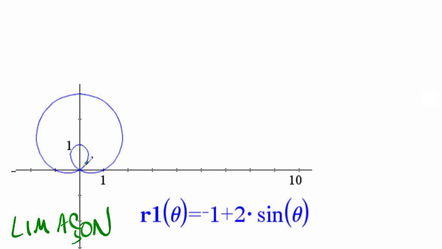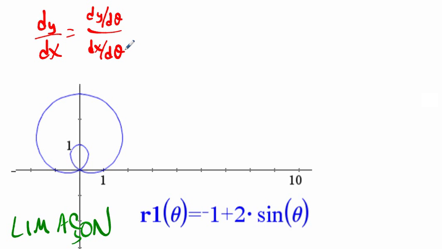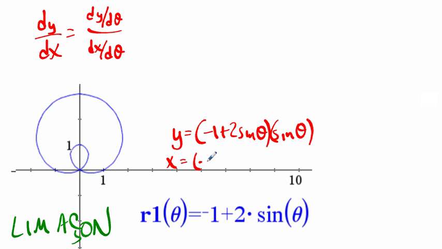So if I'm looking for dy dx, then I'm looking for dy d theta over dx d theta, where y is r sine theta and x is r cosine theta.